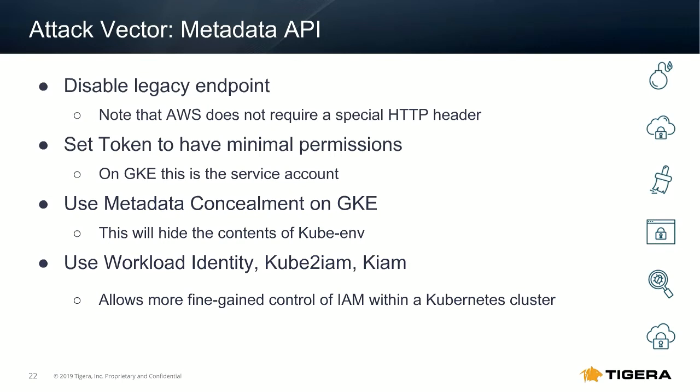It is also recommended to use Workload Identity for Google and kube2iam or KIAM for AWS. These allow finer-grained control, letting you set individual or group permissions of cloud resources within your Kubernetes cluster.